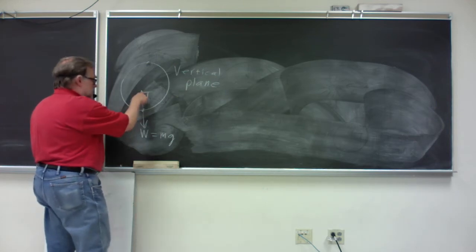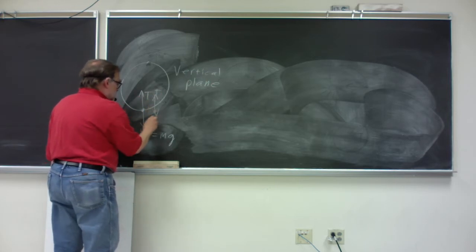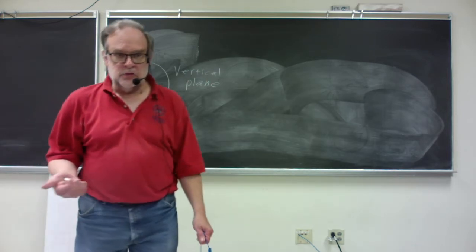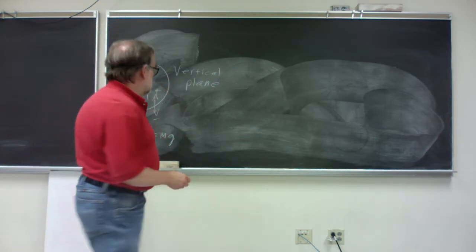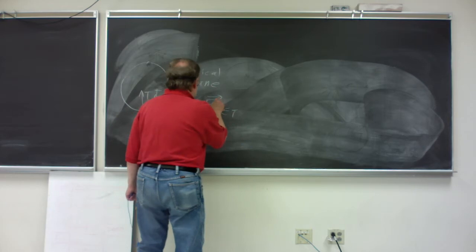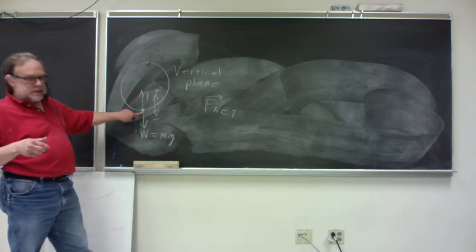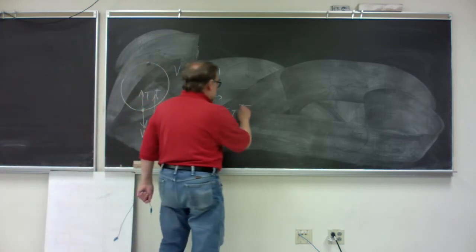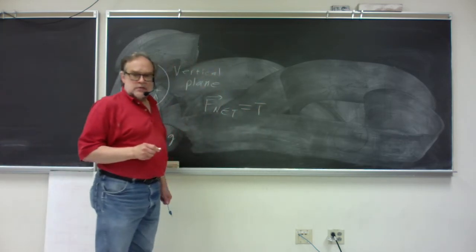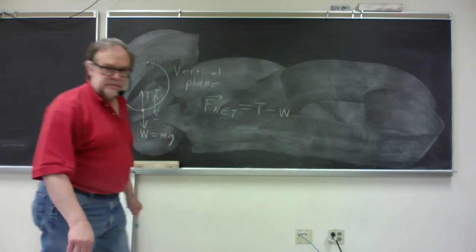So that's the positive direction. Away from the center is the negative direction. And so the net force, when the plug is here, is all the force in the positive direction minus all the force in the negative direction.